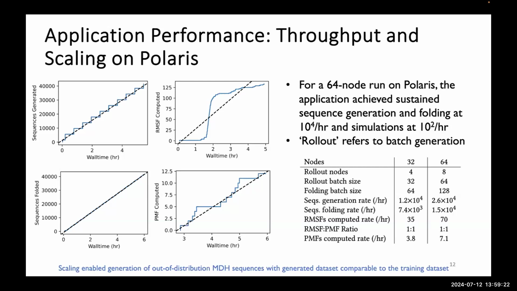No, that's a really good question. Why this happens is because it's roughly at the end of about 1.5 hours that you are sort of completing the folding of all the generated sequences, and then dynamically the resources are allotted for the RMS of computation, and that's why you see that sudden spike here.